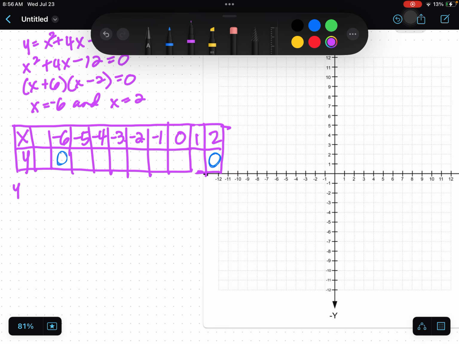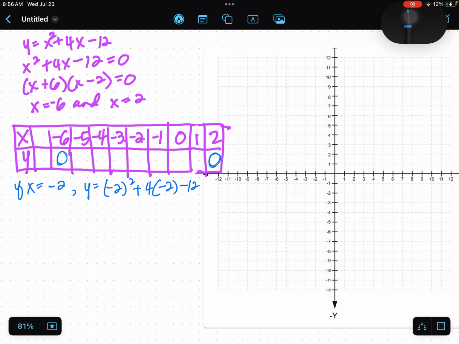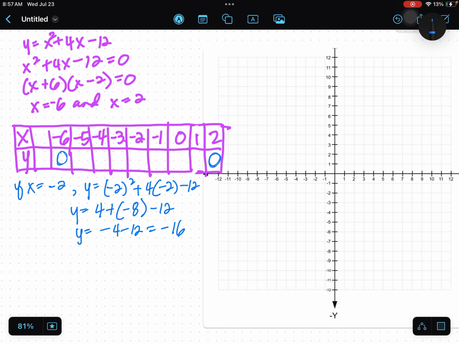If x is negative 2, ang mangyayari ay y equals negative 2 squared plus 4 times negative 2, which is negative 8, minus 12. Ang vertex natin ay wala sa graph natin. Kasi this is negative 4 minus 12, so negative 16. So the vertex would be at negative 16. I will put that over here.